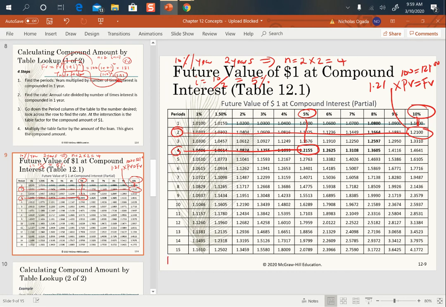So your future value will be the present value times the future value table factor, or interest factor. Some books call it the future value interest factor. So your future value interest factor, 1.2155, times your initial investment of $100 gives you 121.55 as your future value, or the compounded amount.